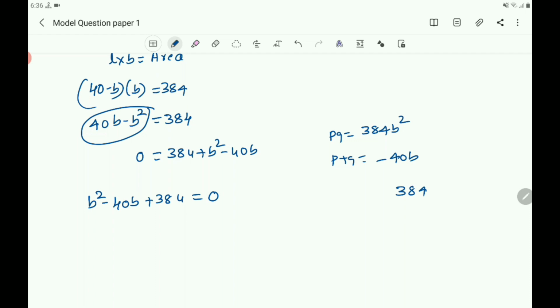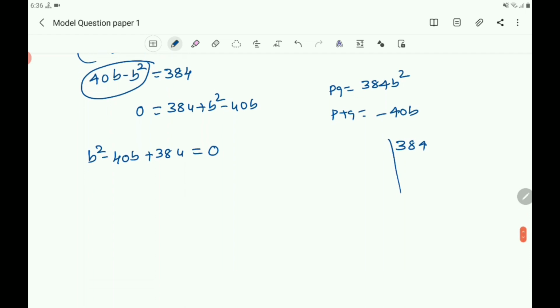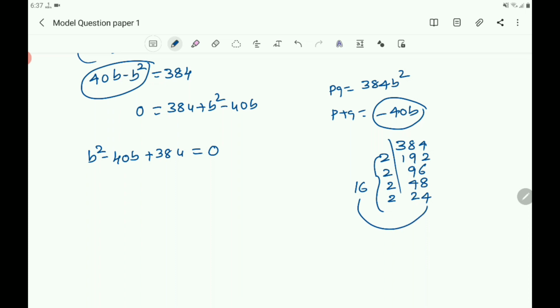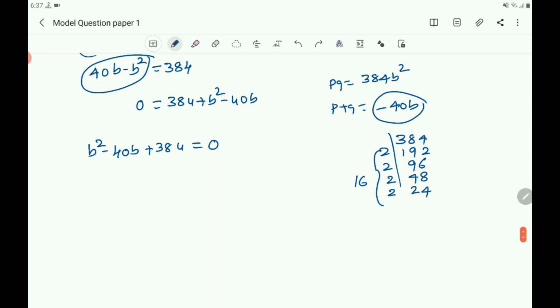Factorize 384, then you can get the factors easily. 2 1s are 2, 2 9s are 18, and what is remaining here? 2 6s are, 2 4s are 2 8s, then it is 2 2s are 2 fours. Then the product of this becomes 16. You know that 16 plus 24 is 40, and because the product is positive, both the factors should have the same sign, and you must get the sum of the factors here.